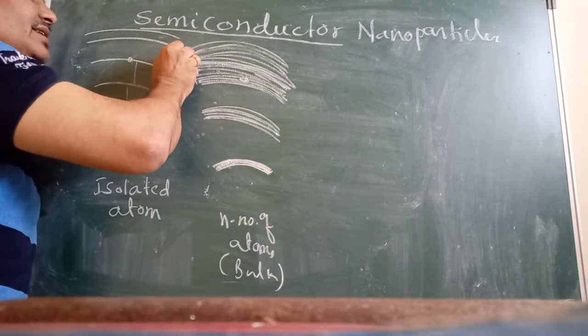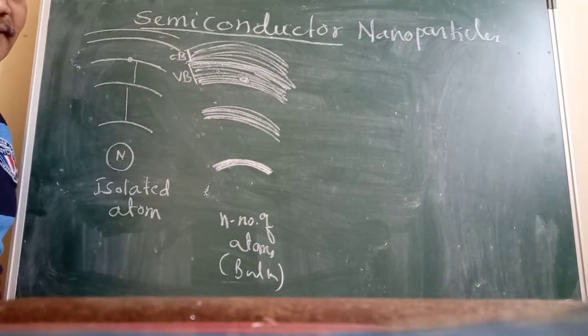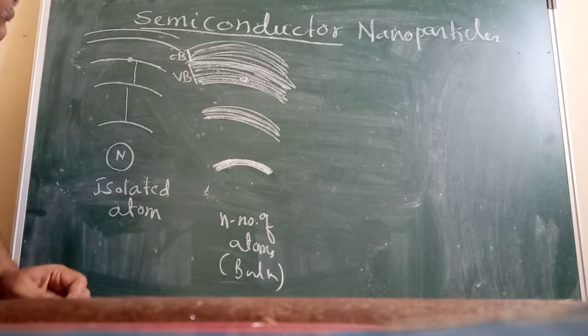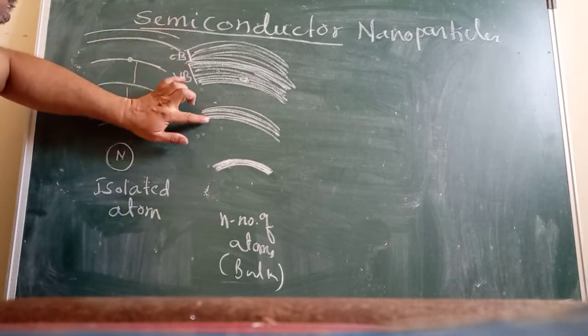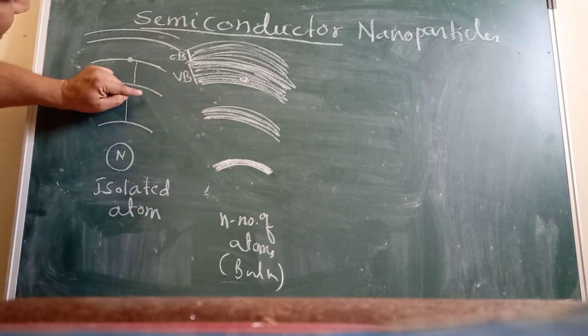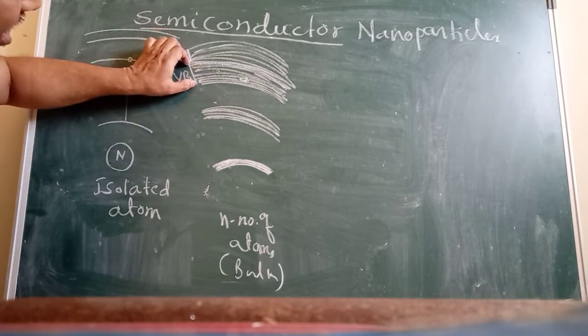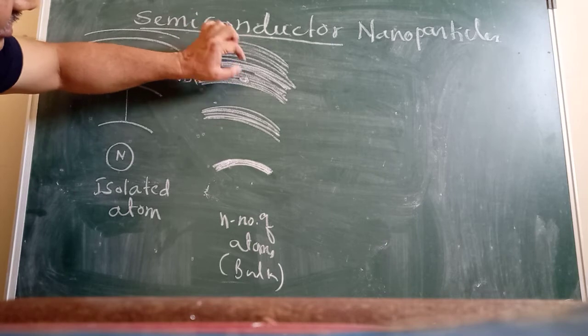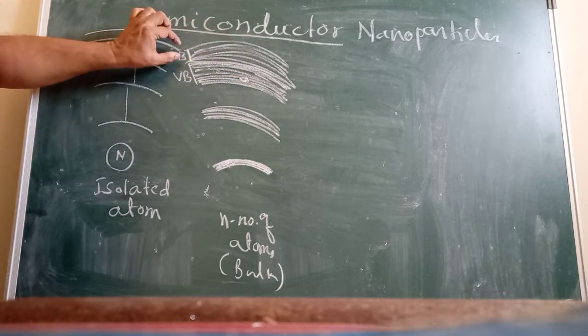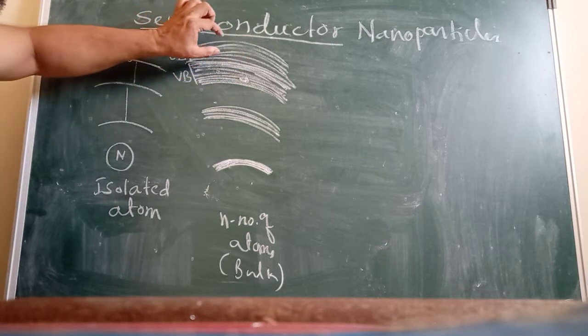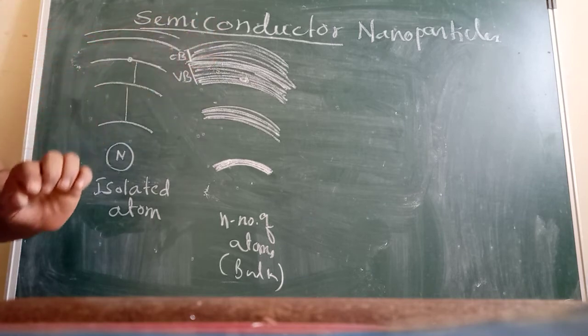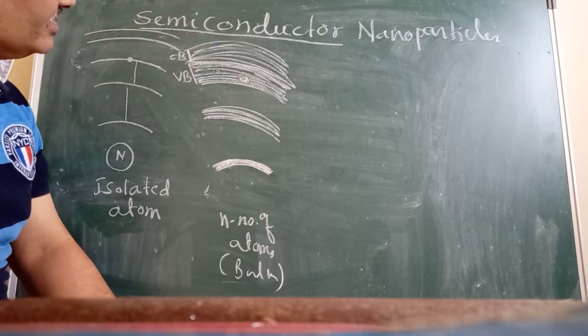Above the valence band, which is empty, is the conduction band.